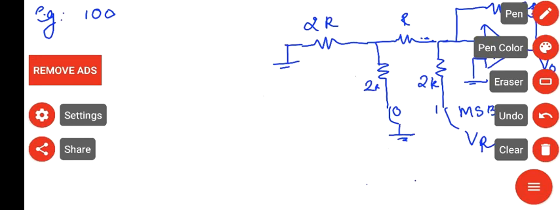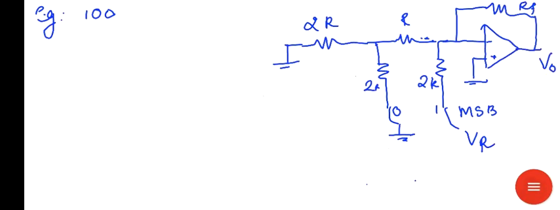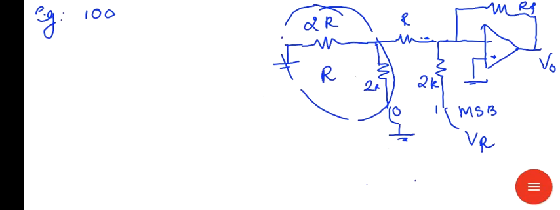Again, one end of this 2R is connected to this point and the other end is connected to ground. So the resultant resistance of this 2R and 2R combination is again R.